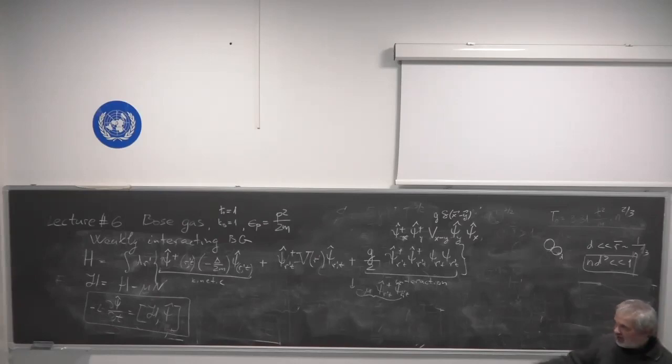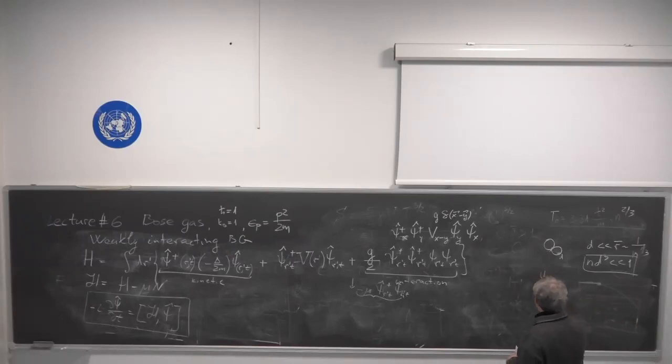For example, here we have a Heisenberg picture, in contrast to the Schrödinger picture, and commutation relations for the Heisenberg operators, which depend on coordinate and time, are only defined at equal time. In particular, for the operators psi and psi dagger, psi(r,t) psi dagger(r',t) minus psi dagger(r',t) psi(r,t) gives the delta function r minus r'. But these operators must be taken at equal moments of time.